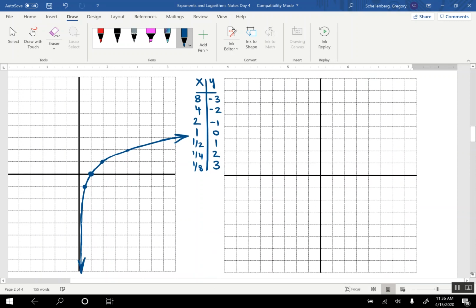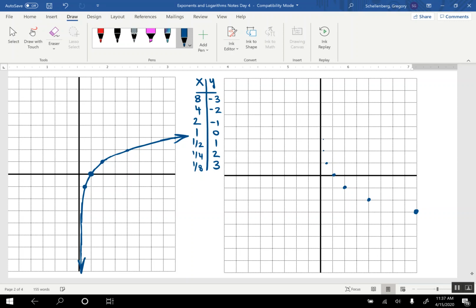So let's plot some of these points. So x coordinate of 8, y coordinate of -3, x coordinate of 4, y coordinate of -2, 2 and -1, 1 and 0, 1/2 and 1.